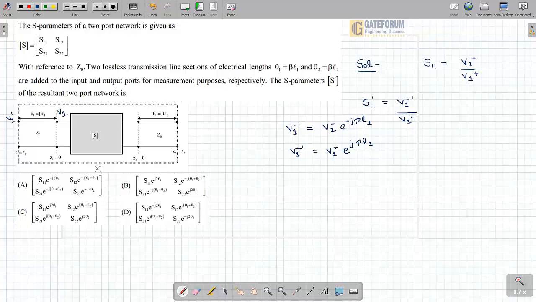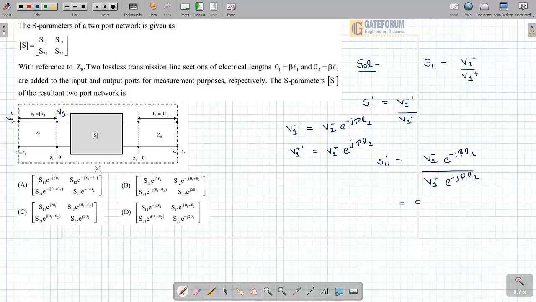Now, if you put this in the equation, we get S11 dash is V1 minus e to the power j beta L1 upon V1 plus e to the power minus j beta L1.